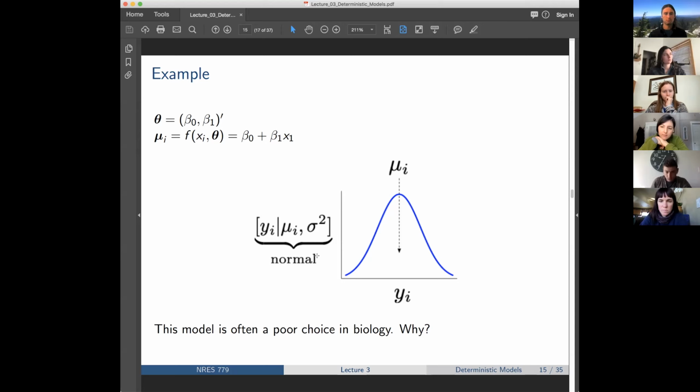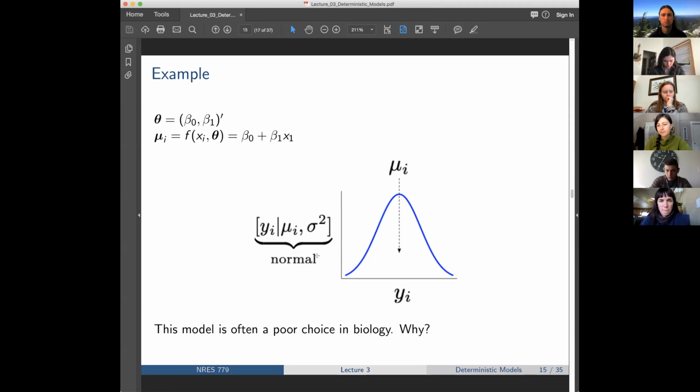Comparability to other studies. Anyway, there are a lot of good reasons for keeping the data in the natural support they were collected. If we do that, can you think of any case where the data that you would collect fall between negative infinity and infinity?